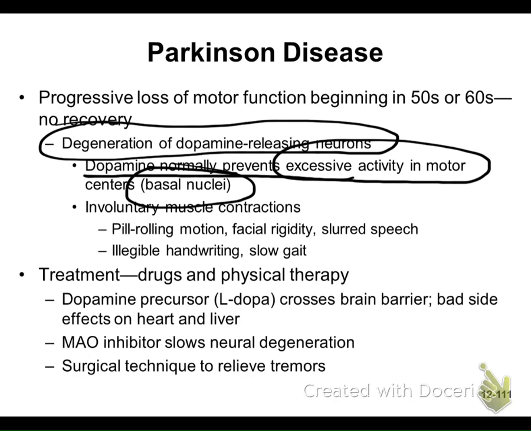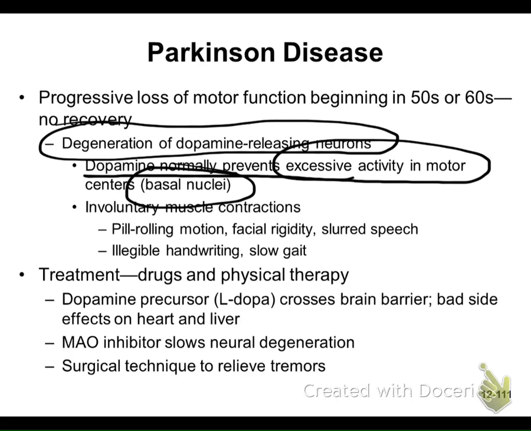So if you lose the dopamine, if the basal nucleus is no longer making dopamine, you have lost a level of inhibition. You've lost a level of control over the fluidity of your motor movements. So a person with Parkinson's, from this area of the brain called the basal nucleus, is no longer producing enough dopamine. And as a result, the dopamine no longer is inhibiting excessive motor movement.